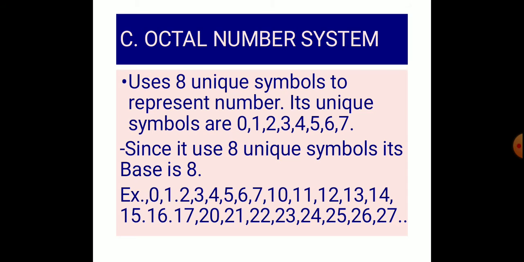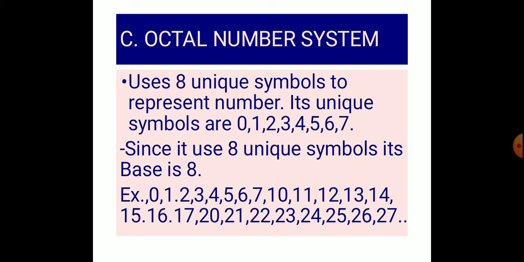Third number system is octal number system. It uses 8 unique symbols to represent number. Its unique symbols are 0, 1, 2, 3, 4, 5, 6 and 7. Here 8 and 9 will not be used in this octal number system.